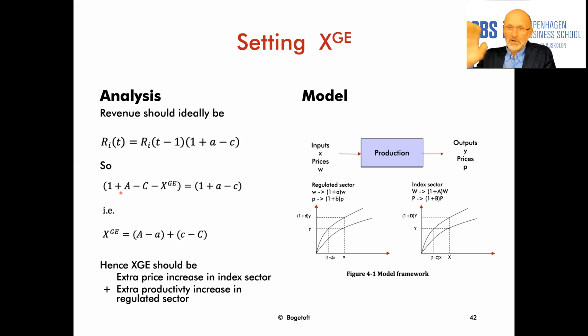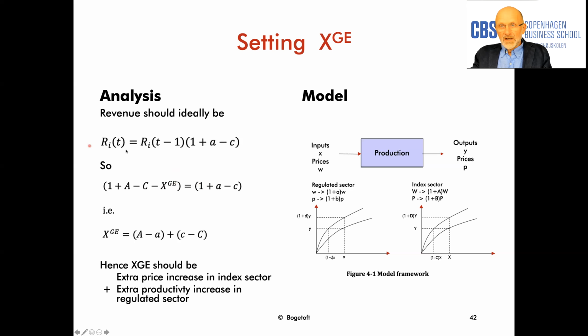And so in this picture here, we ignore individual inefficiency. So basically, what I would use as a regulator if I go out and use a price index from a competitive industry, then I will actually allow the revenue to change with 1 plus A minus C minus XGE.